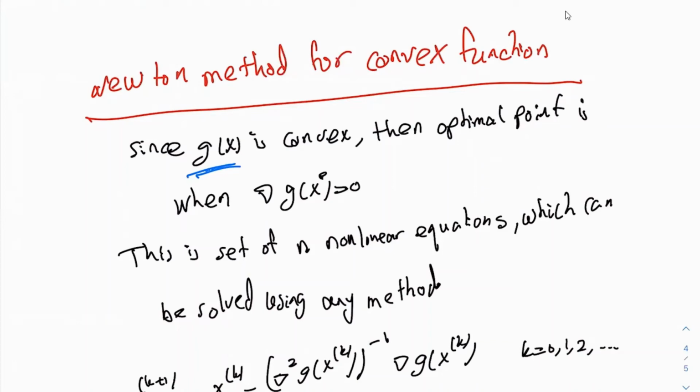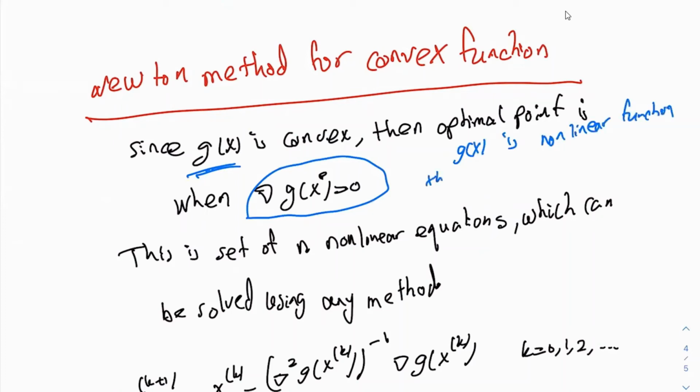So in a sense, I can apply Gauss-Newton or any other method that we talked about in the last video to this set of nonlinear equations. Because if g of x is a nonlinear function, then the gradient of this will give us a set of nonlinear equations. Remember, the gradient is actually a column vector.